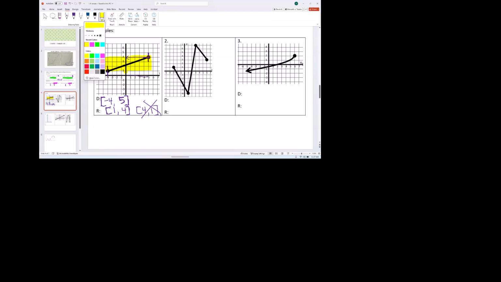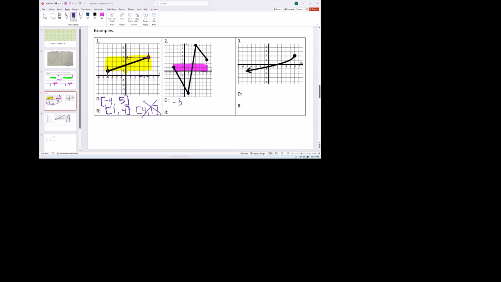Okay, let's look at number 2. Domain. Let me change my highlighter color. So I'm looking from left to right. So I'm just looking across the x-axis. What's the smallest x value? -3.